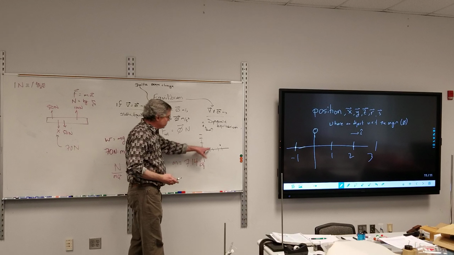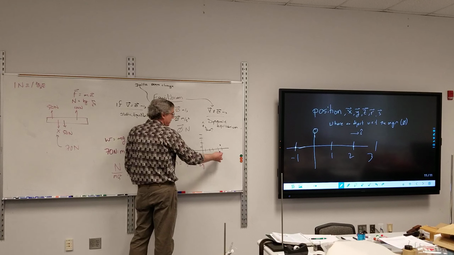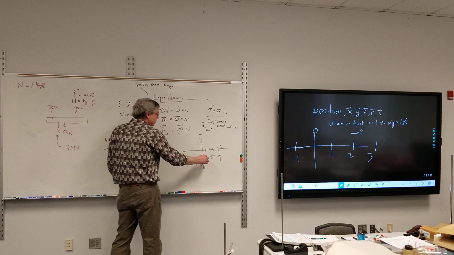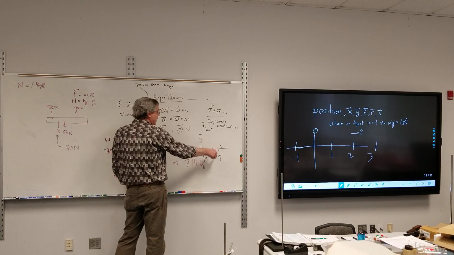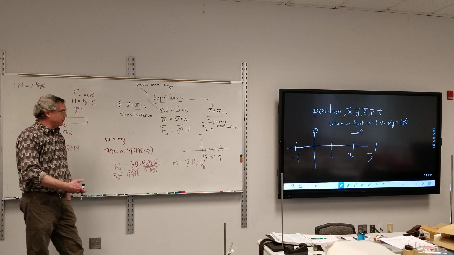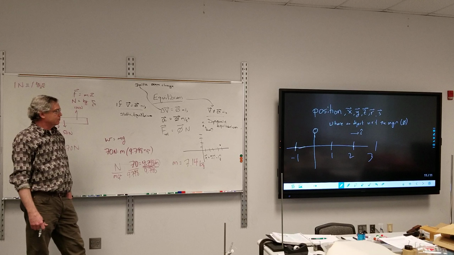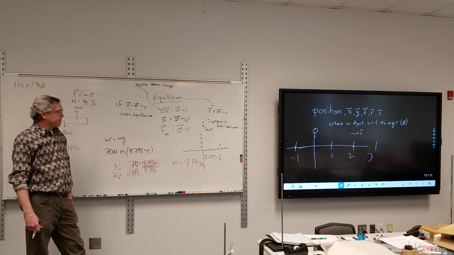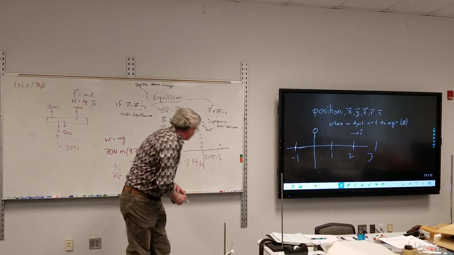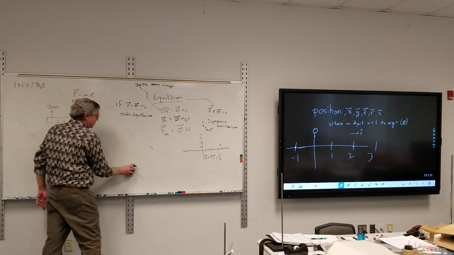Well, to get from my origin to that spot right there, I go 5 in the I-hat direction, and then I go 1 in the J-hat direction. So my position, or the position of that dot, is 5 I-hat plus 1 J-hat. That's just shorthand for I start at the origin, I go 5 to the right and 1 up. Because again, the less writing we can do, the happier we are.